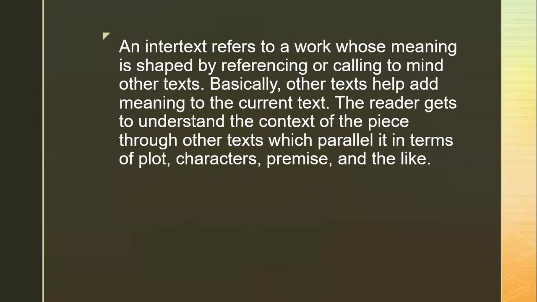For example, if you're reading a novel, you may find it similar to other novels. There's a possibility that the author of that novel is making an analogy or an allusion to previous works of other authors. So in order for you to understand, you need to look at other literature.